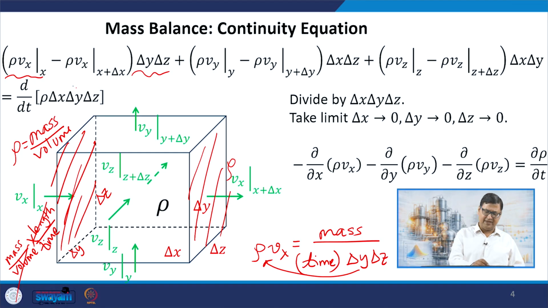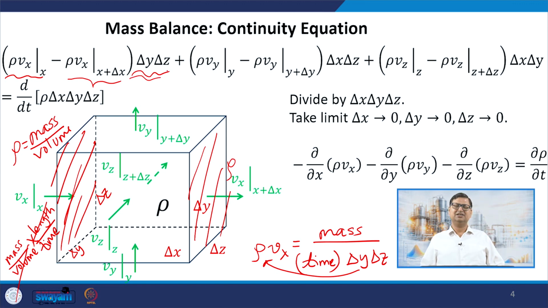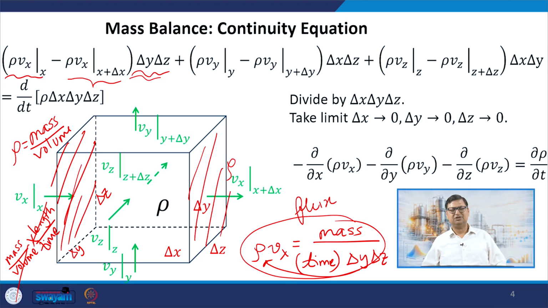So, we have rho Vx at x plus delta x into delta y, delta z, defining the mass per unit time that is leaving the control volume at the opposite face, right. I can also define the quantity that we have here, mass per unit area per unit time, as the flux, right. So, flux multiplied by the area gives me the mass flow rate. We can also think of it this way, rho Vx itself is the flux.